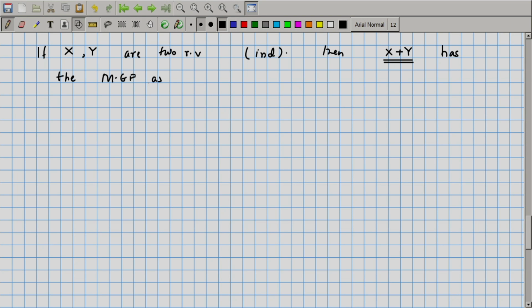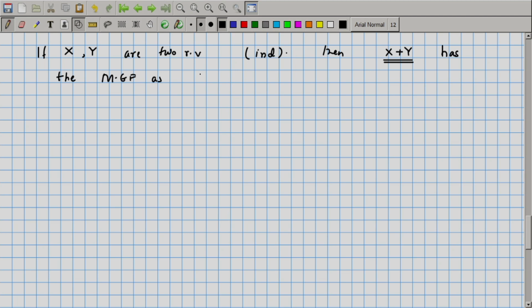Okay. So, what will be the moment generating function of X plus Y? This will be the moment generating function of X times the moment generating function of Y. In other words, the moment generating function of X plus Y is equal to M_X(t) times M_Y(t) when X and Y are independent.